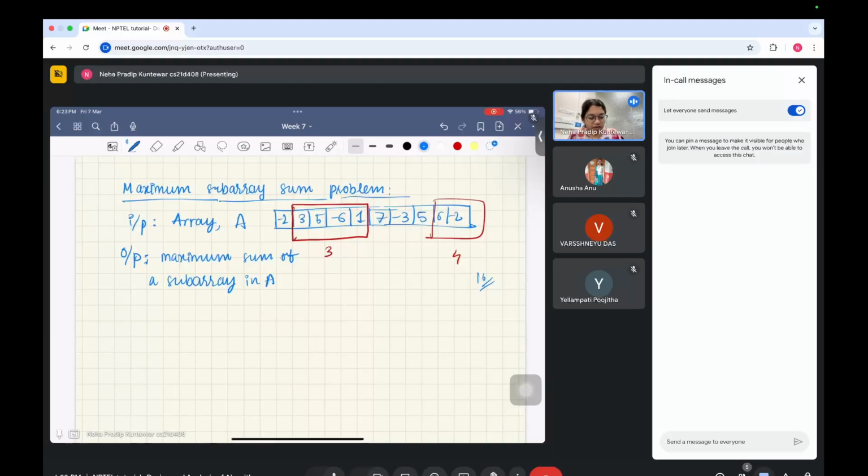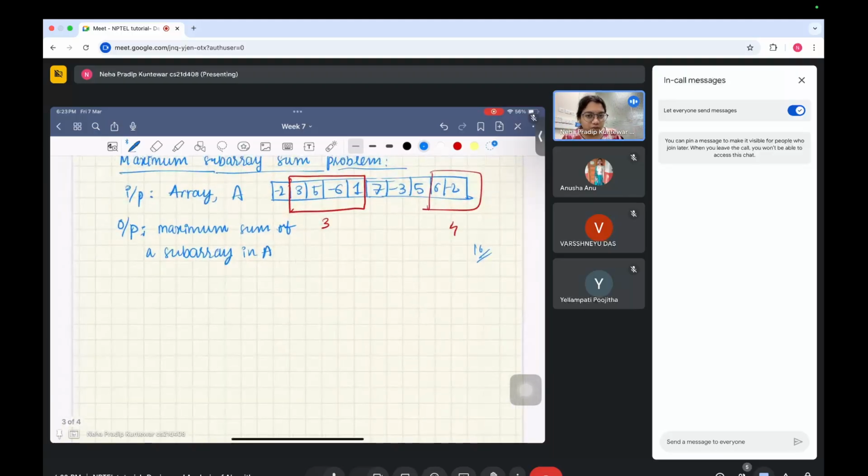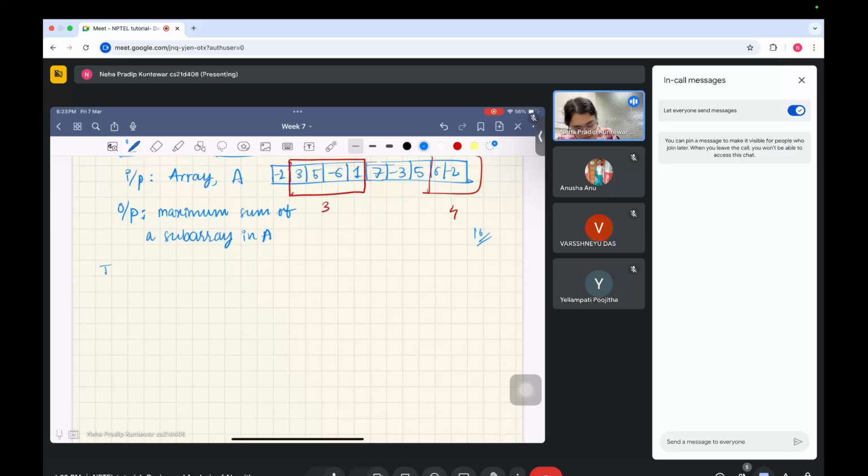Okay, so let's see, even without getting into the dynamic program and stuff, what is a very trivial algorithm for this? It says that you find a subarray, find its sum, and then check which is the maximum.